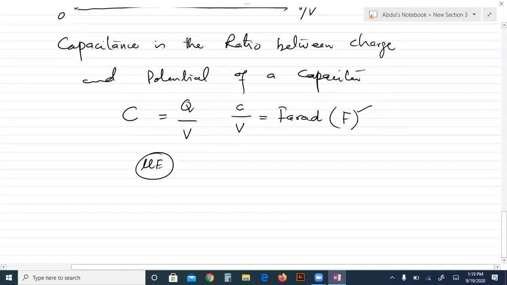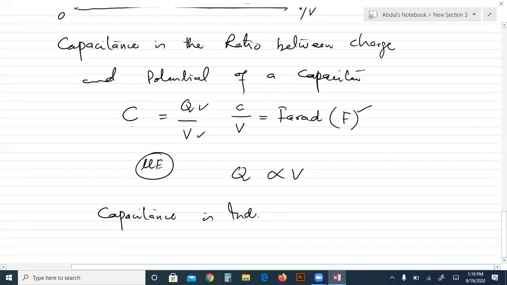Now, this capacitance is the ratio between charge and voltage, but the charge and voltage both are directly proportional. So we can say that capacitance is independent of charge and voltage.